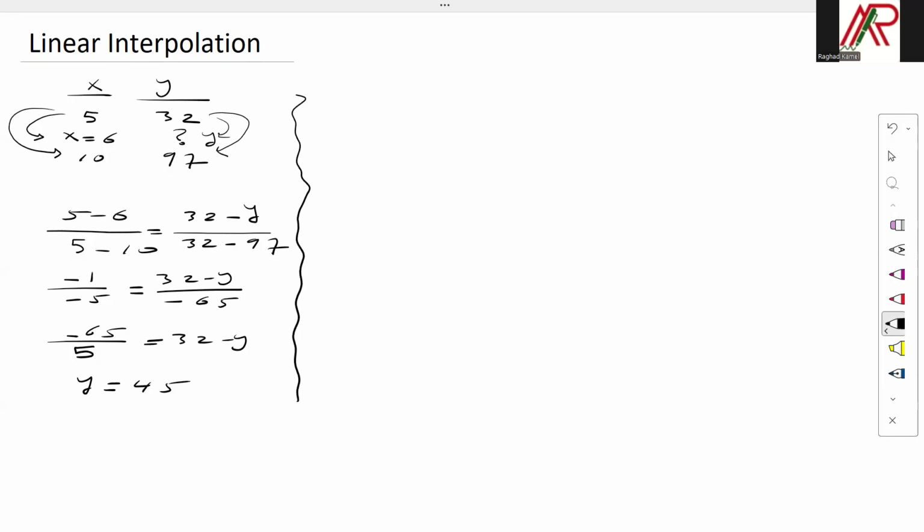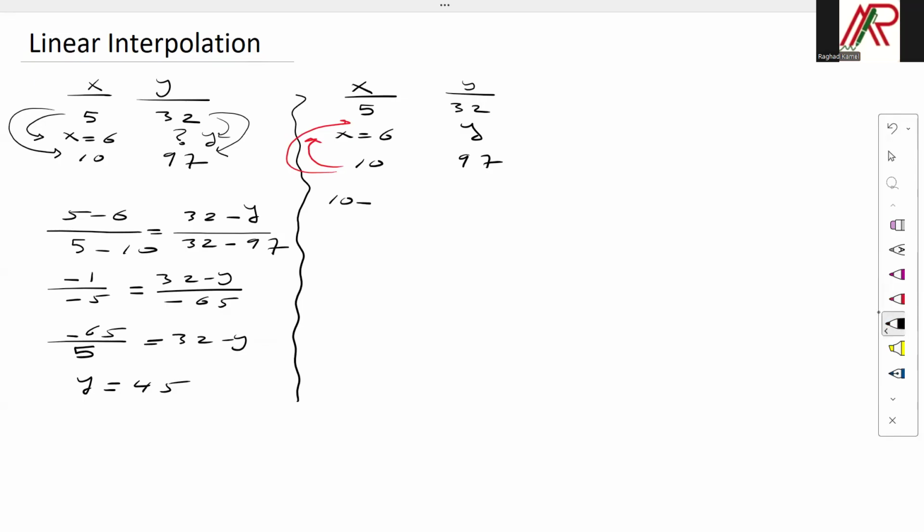So again, I'm going to just write it again, and here x equals 6, and we need to find its y. So again, you can do it 10 minus 6 divided by 10 minus 5. It is the same thing.